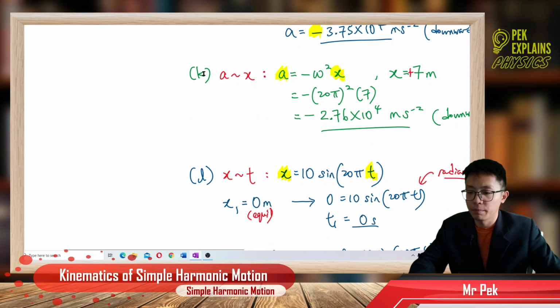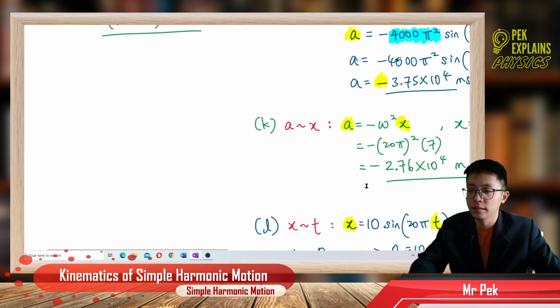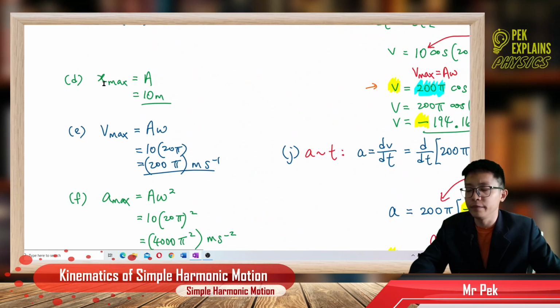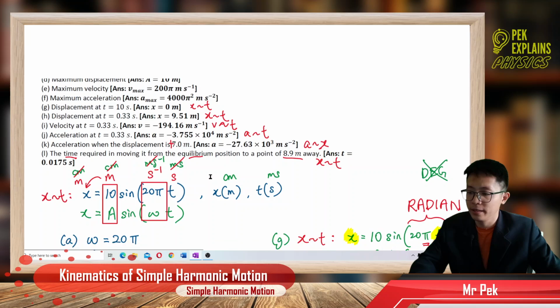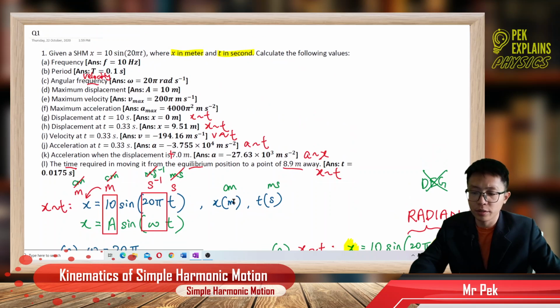The maximum displacement is A, maximum velocity is A omega, and maximum acceleration is A omega square. Make sure you check the unit for X and the unit for time first, because this is very crucial.